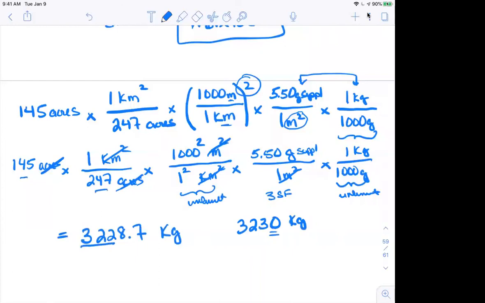I have to make sure I have 3,230, or the easiest way to do this is also to do 3.23 times 10 to the 3rd kilograms, because then I don't have to worry about that 0 in terms of my sig figs.